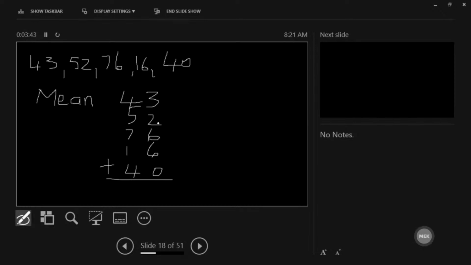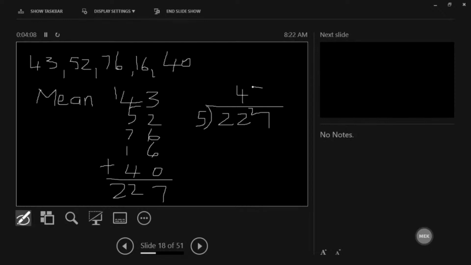So 3 plus 2 is 5, plus 12, that's 17. 5 and 5, 10, 17, 18, 22. And we're going to divide that by 5 since it's 5 numbers. So 2, 2, 7. 5 into 22, 4 times.